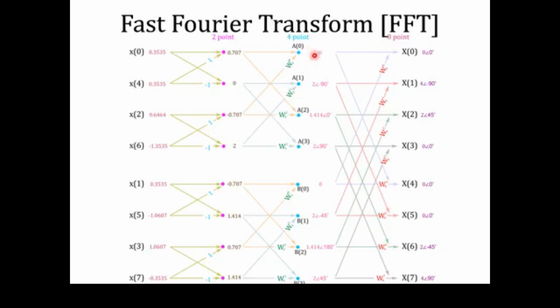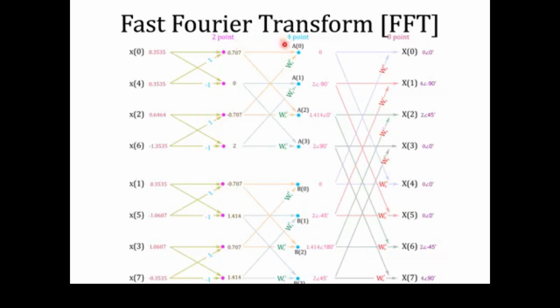So we will take some random sample values in order to get an idea about their calculation. Let's take an example of A of 0, how it will be calculated. To calculate A of 0, we again need two samples. One sample is this one, which is coming from the 2-point DFT stage. So 0.707 will appear as it is during the calculation of A of 0, while the second sample is minus 0.707. So minus 0.707 will be first multiplied with W40, and then we will add it with 0.707.